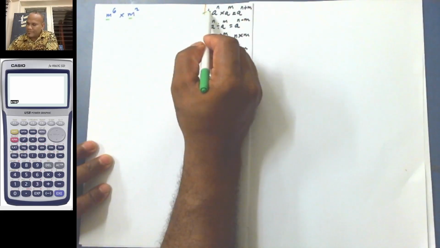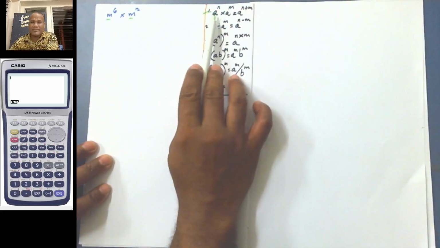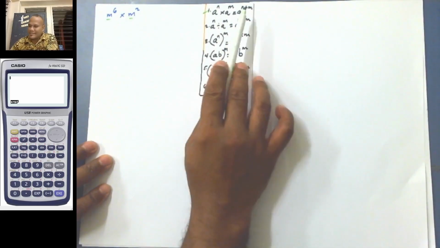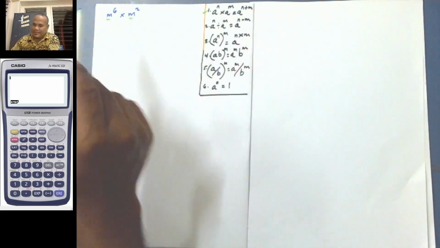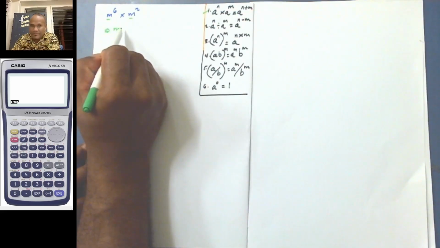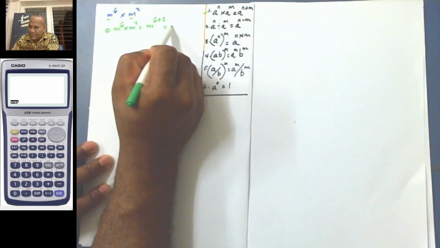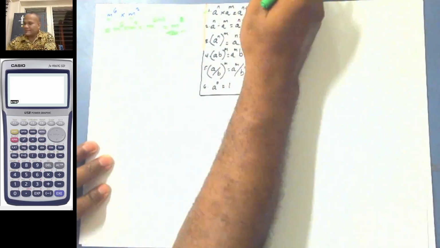That will be the first law. Yes, we get to add the powers. So this is m to the power of 6 times m to the power of 2. Since we're multiplying with the same base, we add the powers. That will be 6 plus 2, so m to the power of 8. And that is our answer.